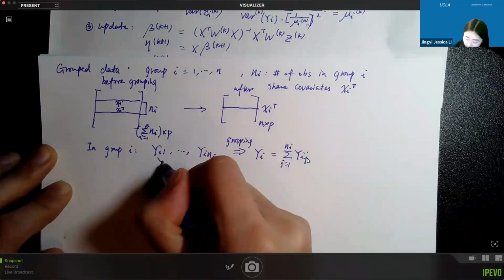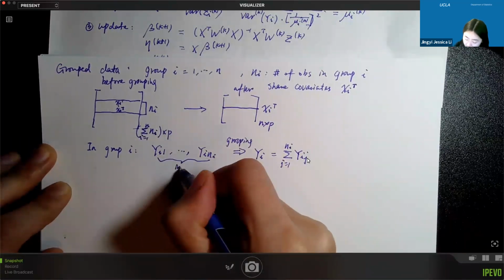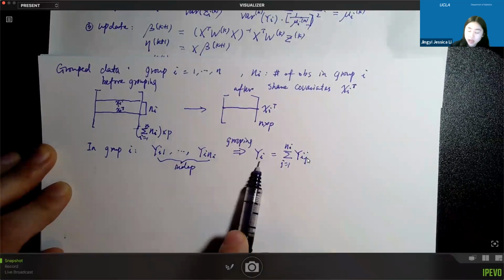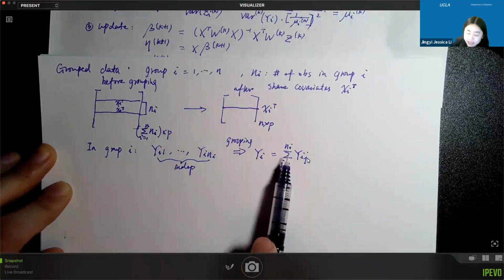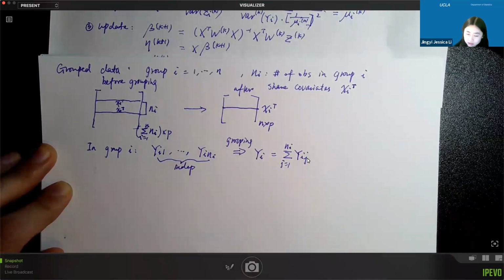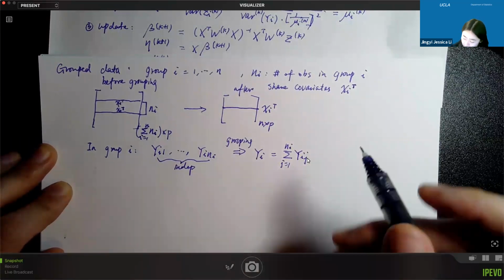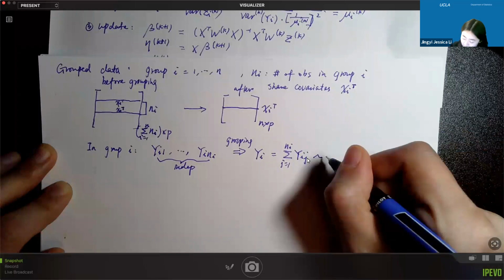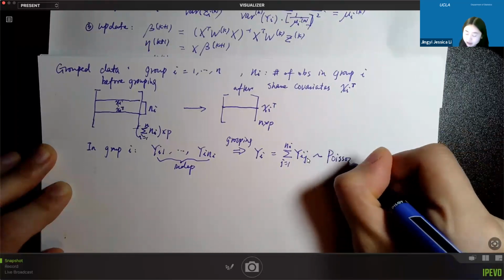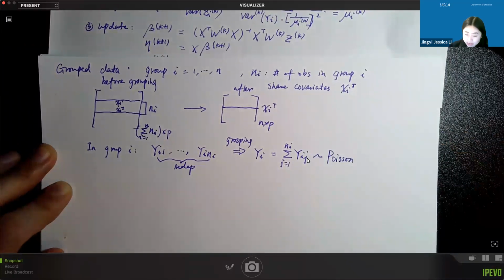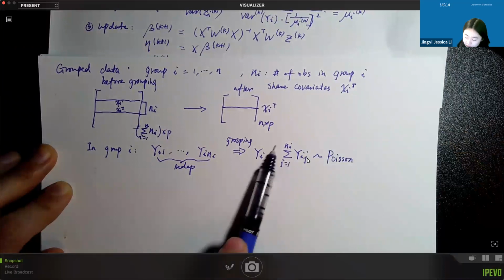By assuming these n_i observations are independent, this y_i, as a sum of n_i independent Poisson variables, is still Poisson, and its mean is the sum of the means of each one.